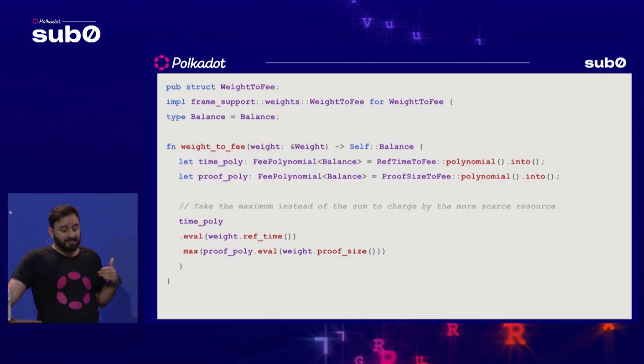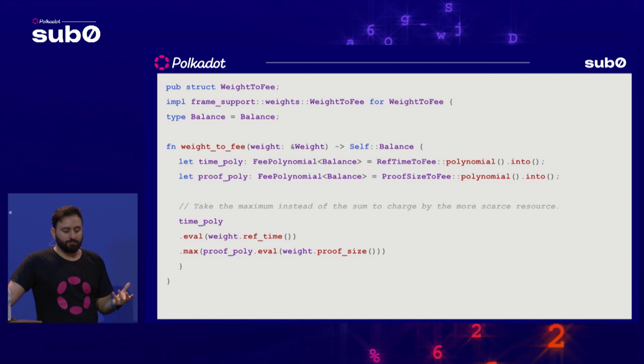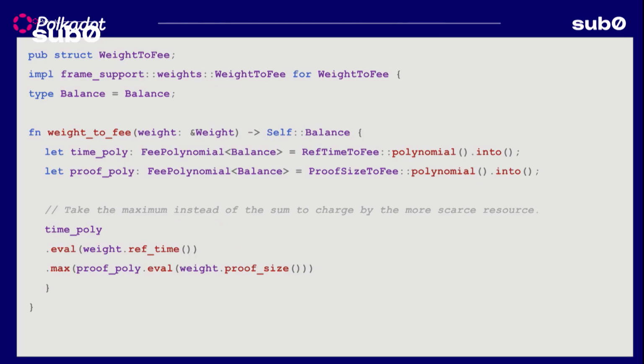WeightToFee, something we realized is that this struct, which is the WeightToFee, gets the weights defined from your pallets and transforms them into fees, right? And Weight v2 basically has proof size and ref time, right? So we have the two values right now.